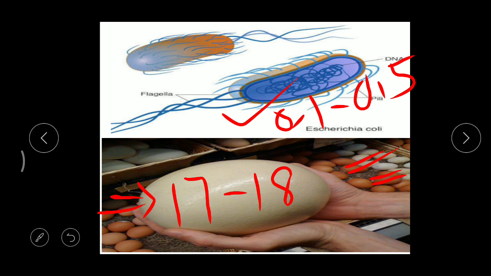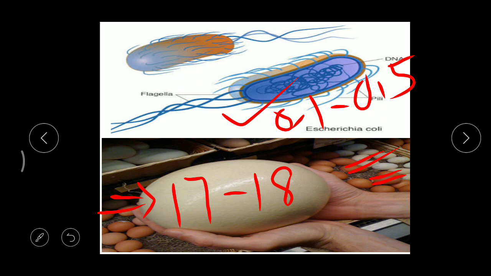Even in our body, the liver cell and the kidney cell have a size of 20 to 30 micrometers.